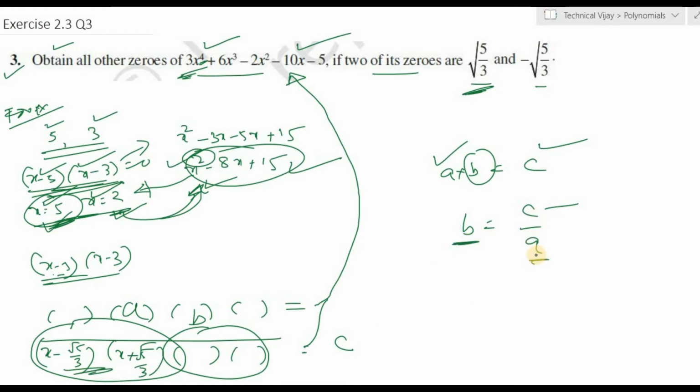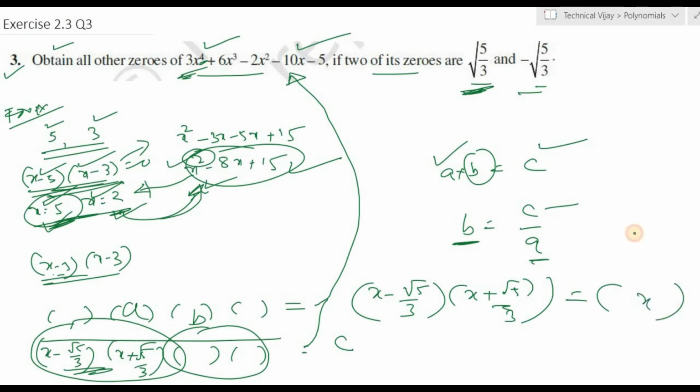So C divided by A we have to calculate. That means we have to multiply these two, x minus root 5 by 3 and x plus root 5 by 3, and calculate the product. Whatever product we get, this polynomial is to be divided by it. Then we will get the answer.